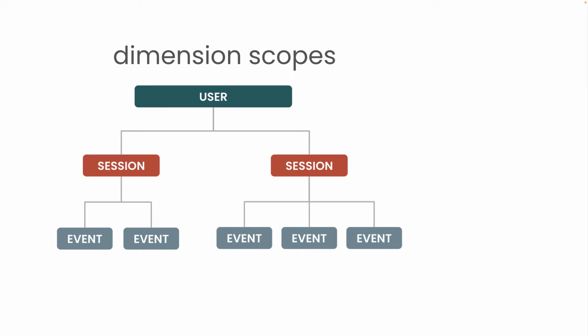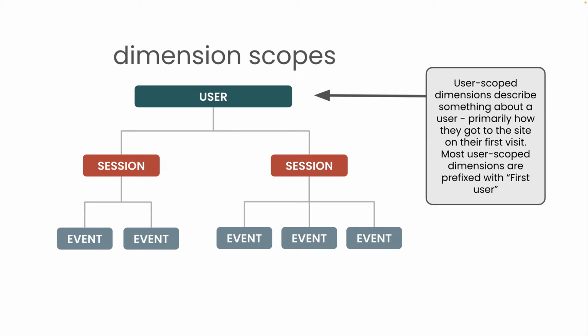We won't go into that more right now. It doesn't really matter for what we're working on. Session is for a given session, and events are the things that happen within a session. So a user could have multiple sessions, and a session always has multiple events.